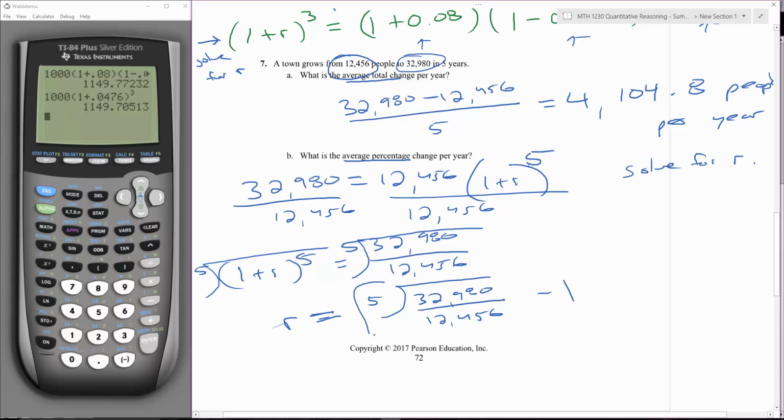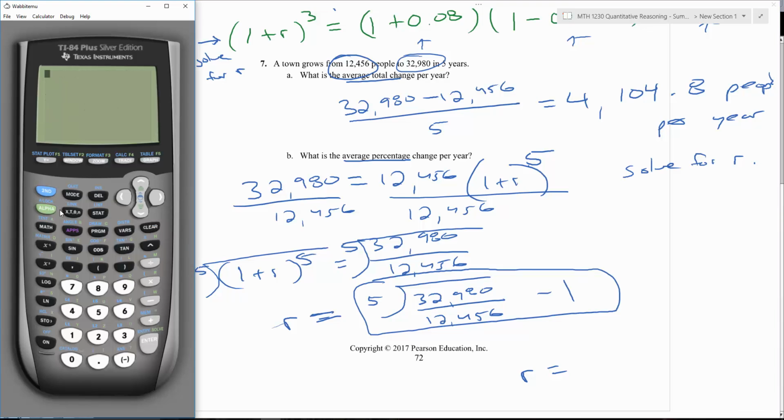So if I put this in my calculator, I can find r. To do the fifth root, I need to hit 5 first, and then find this button here in your calculator, however you get to it. Then I put in this fraction, 32,980 divided by 12,456.